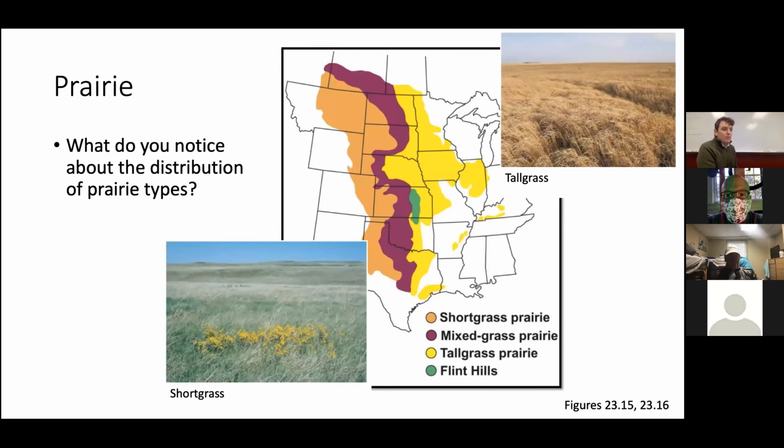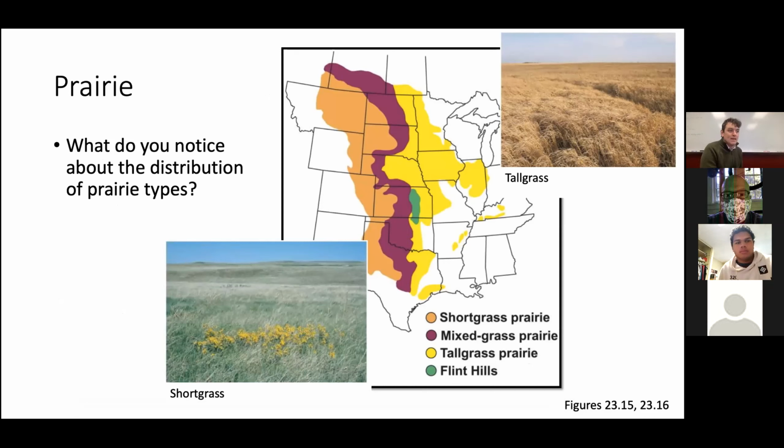This is a map, once again, showing the Great Plains region. And we've divided the prairies into three basic groups: shortgrass prairie, mixed grass, and tall grass prairie. What do you notice about the pattern of distribution of these three different kinds of prairies in North America? They run from north to south, or vertically.